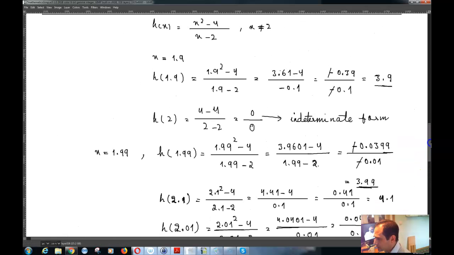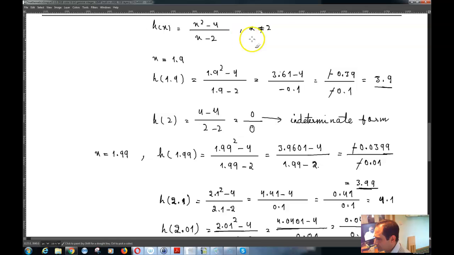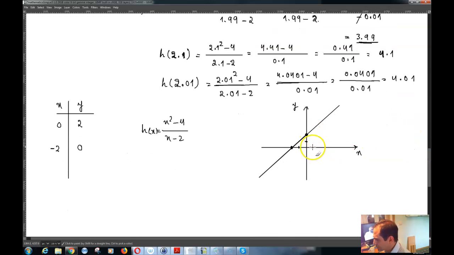Now we said that x is not equal to 2. That means that you have to take x equal to 2 out of the domain of the function. So I take this out, and that becomes the graph of the function. The function is not defined at x equal to 2.